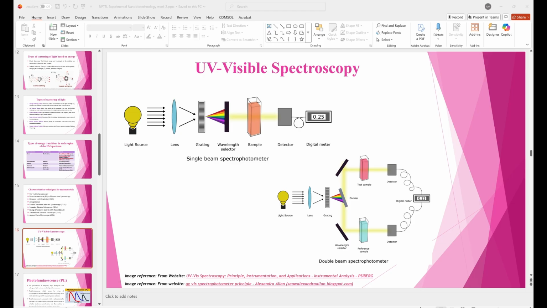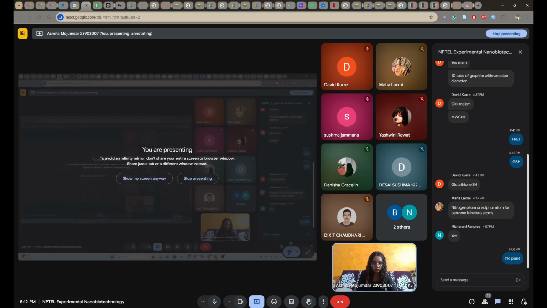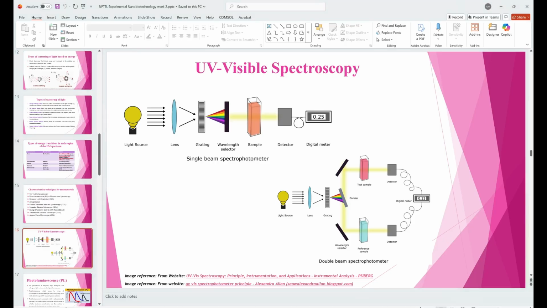Did anybody see the instrument? Single beam instrument and double beam instrument? Anybody?